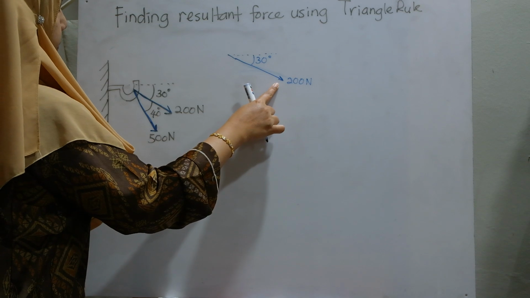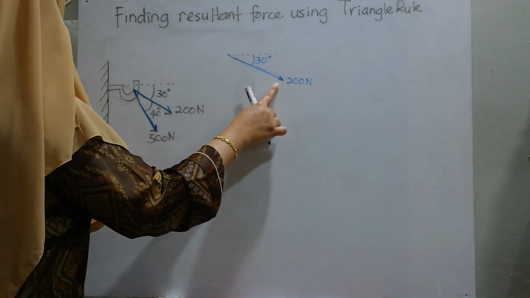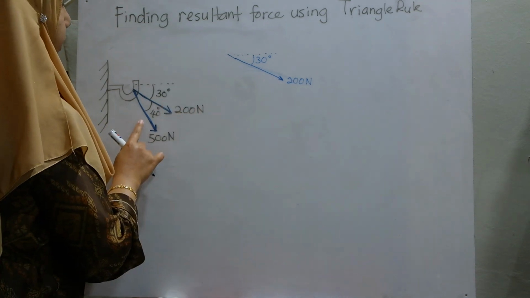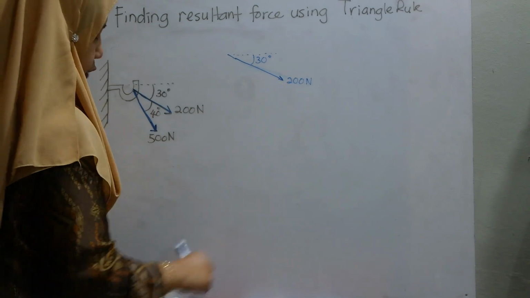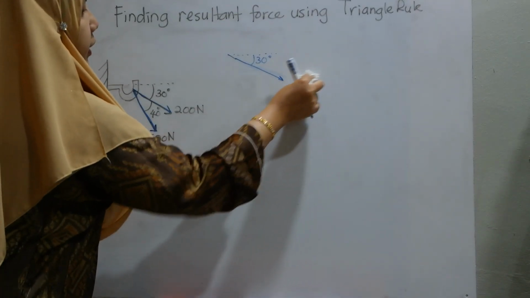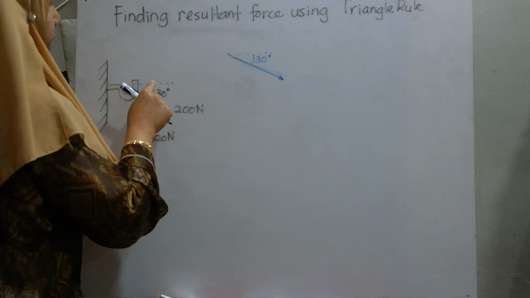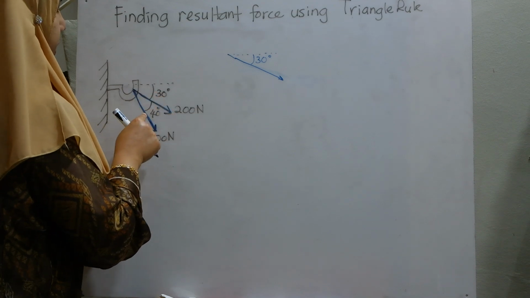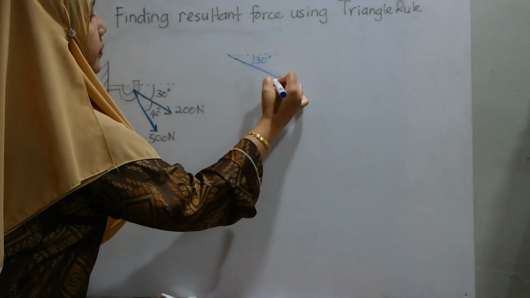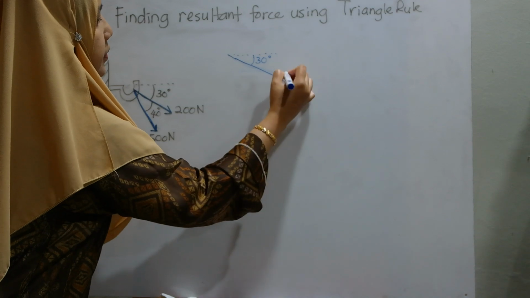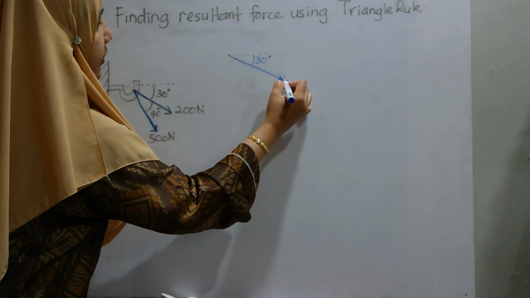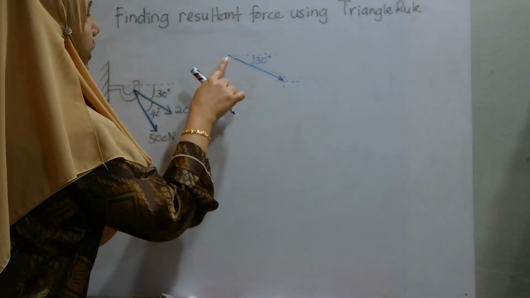Then, since it is tip to tail, I add the second force. The second force, 500 Newton, has a direction of 70 degrees from the x-axis.